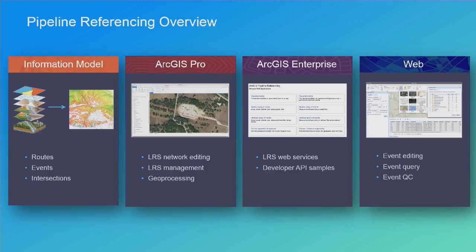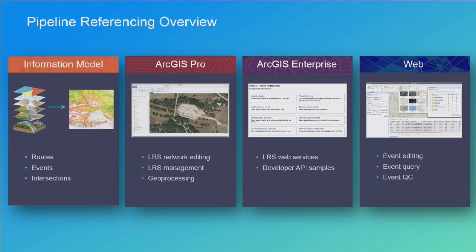So in the information model, you will see a hierarchy of what your routes are, what your lines are, and also, as some of you might be aware, in the pipeline industry it supports stationing, like equation stations. It has that support, whereas Roads and Highways does not have equation station support. And this equation station support is something that is very specific to the pipeline industry.